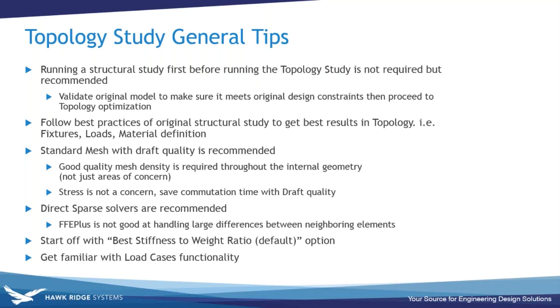So generate your generic model, run the stress test, make sure that it satisfies your design needs, and then you can say, well, how can I make this better? How can I minimize the mass yet still stiffen up the geometry? That's where topology optimization will come into play.